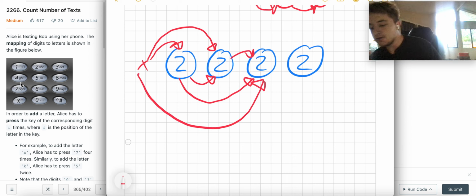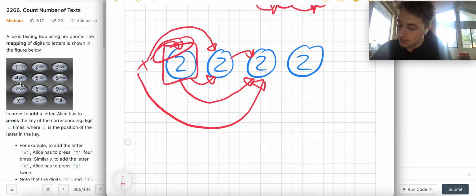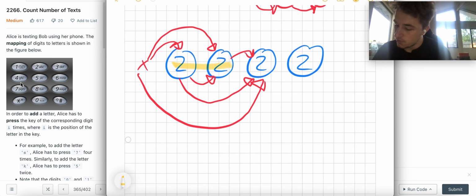Did I miss any? Notice there's 1, 2 in a row, so we have one edge going into it. There's 2 2s in a row, so there's 2 edges going into the system. There's 3 2s in a row, so there's 1, 2, 3 edges going into the system.